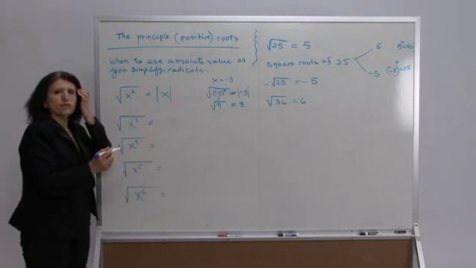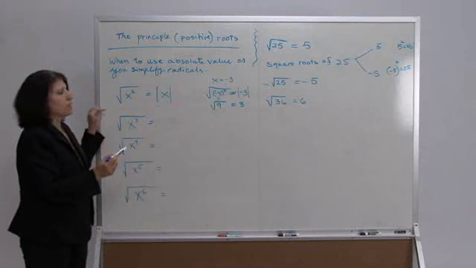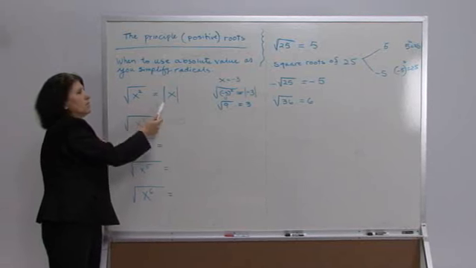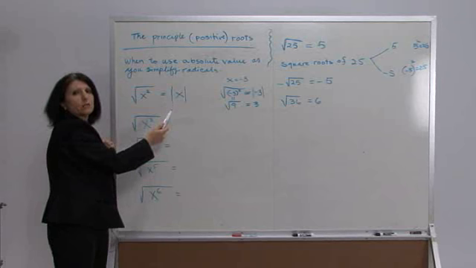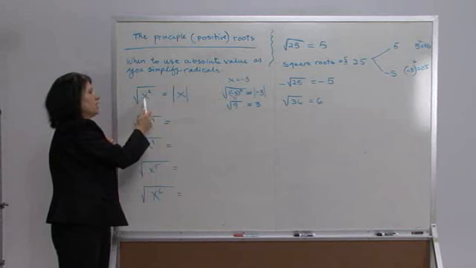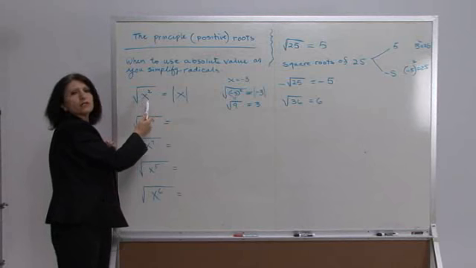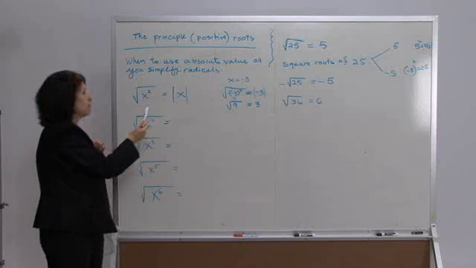Of course, you have to read the instructions, because if they say assume the variable is any real number, you're thinking any real number is any number on the number line, and that could be negative. Then that means you have to take care of your answer to keep it positive. Notice that x could be negative, but x squared is positive. So we're okay with that, because having a negative number under the square root is not a real number.